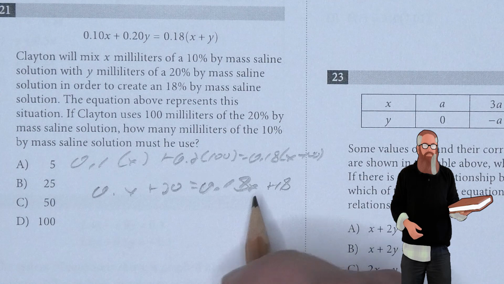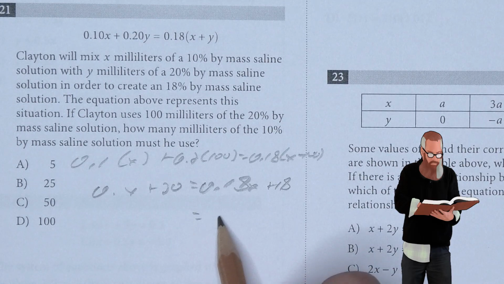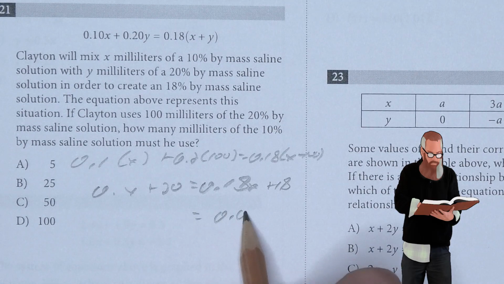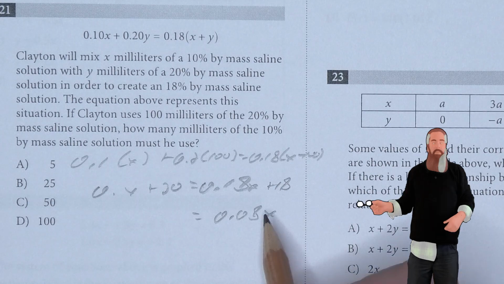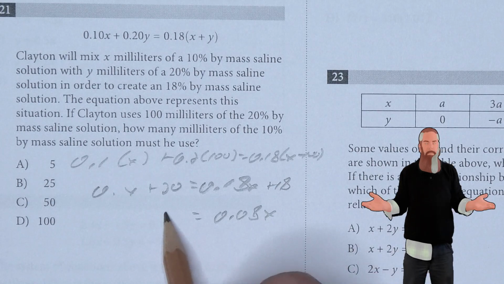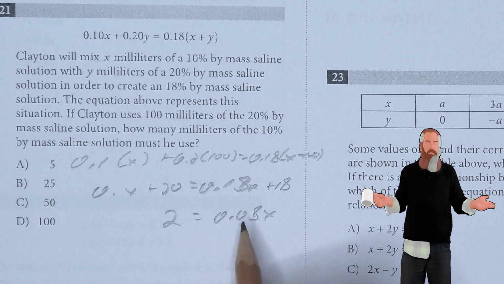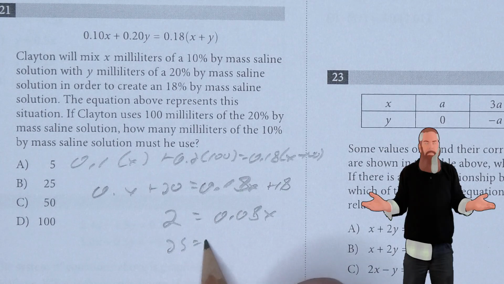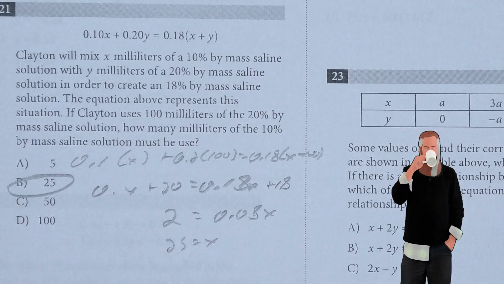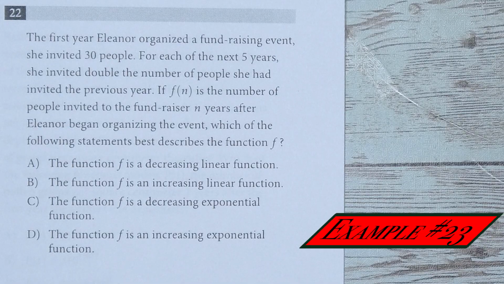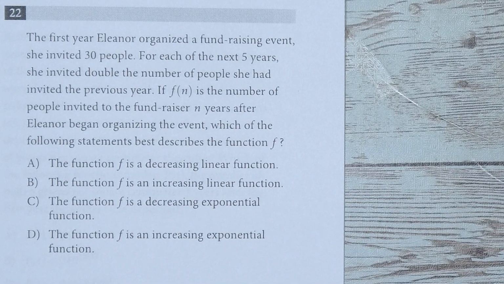Let's gather all the x's on the same side so that we have 0.08x, and this is going to be equal to 2. So 2 divided by 0.08 is going to give us 25 as x. B is the answer.